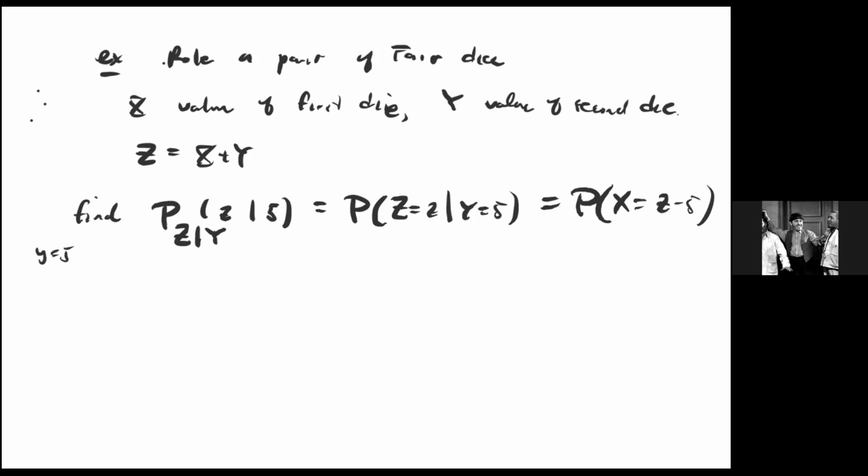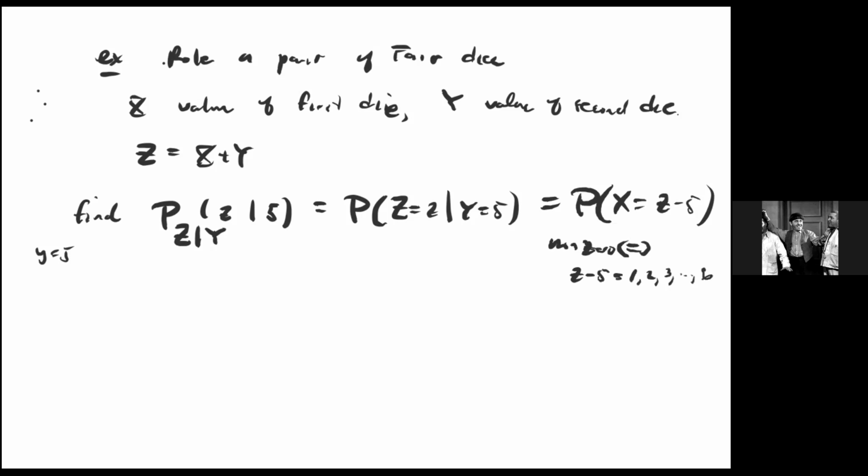Okay, so what can you get here? Well, remember, the value of X is a value of the die, and that can only be 1, 2, 3, 4, 5, or 6. So this can only be non-zero if and only if z minus 5 is equal to 1 or 2 or 3 all the way up to 6.